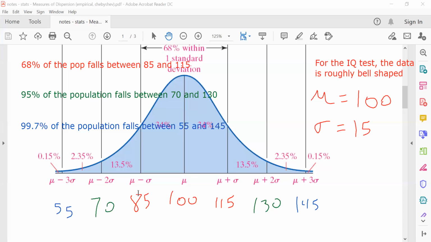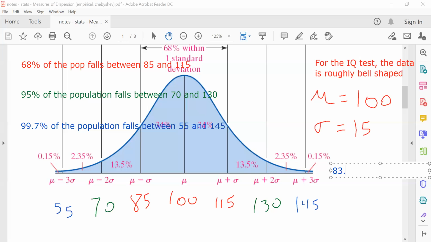The number of people that fall between 85 and 145 all the way over here? Well, that'd be 34% plus 34%, which is 68%, plus 13.5%. So that's going to be 81.5%. And then even this sliver here also makes it in. So 81.5% plus 2.35, 83.85%.